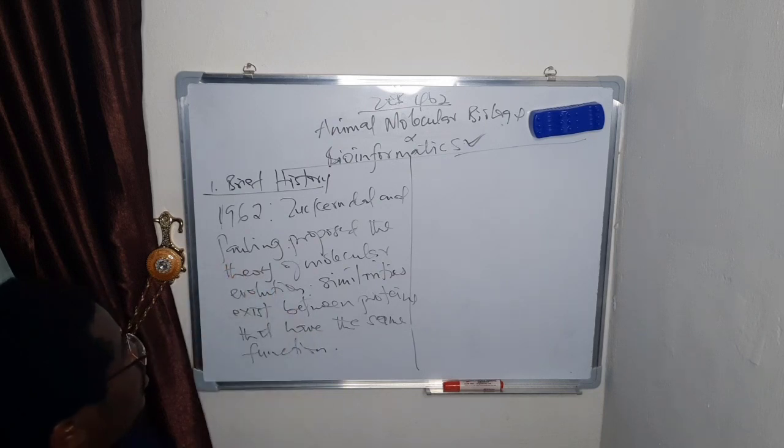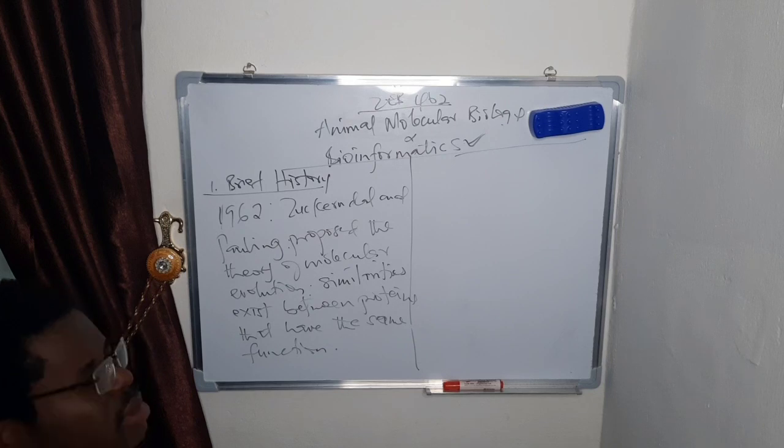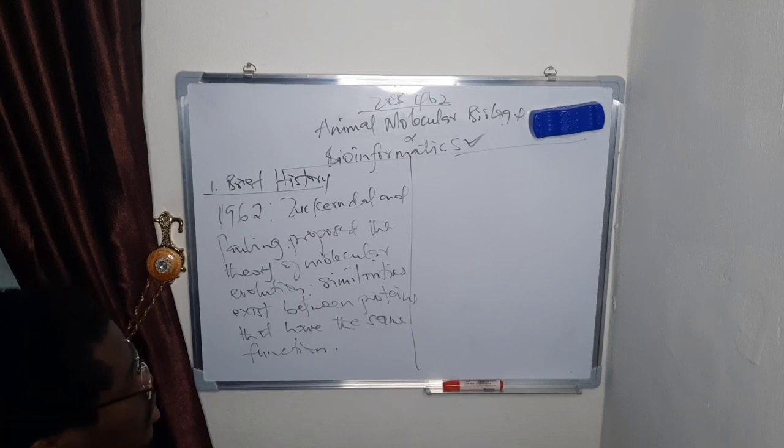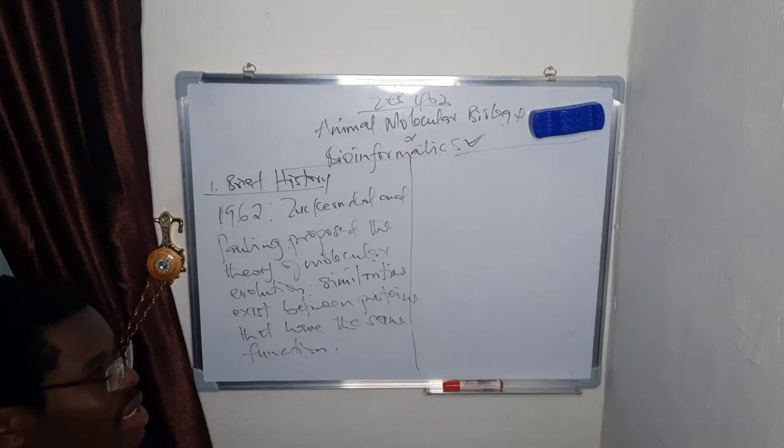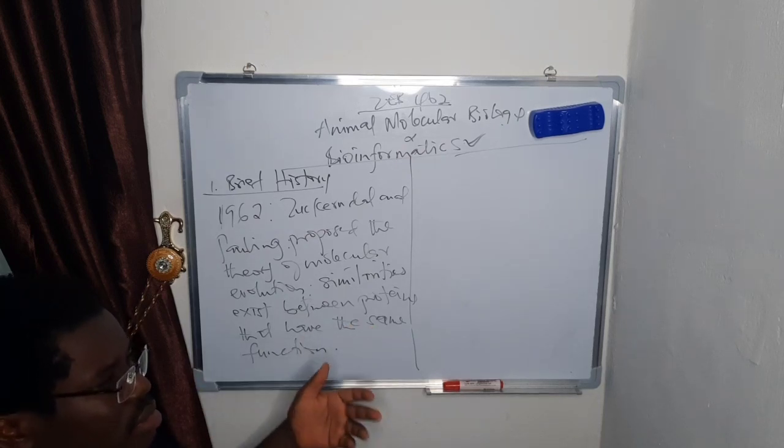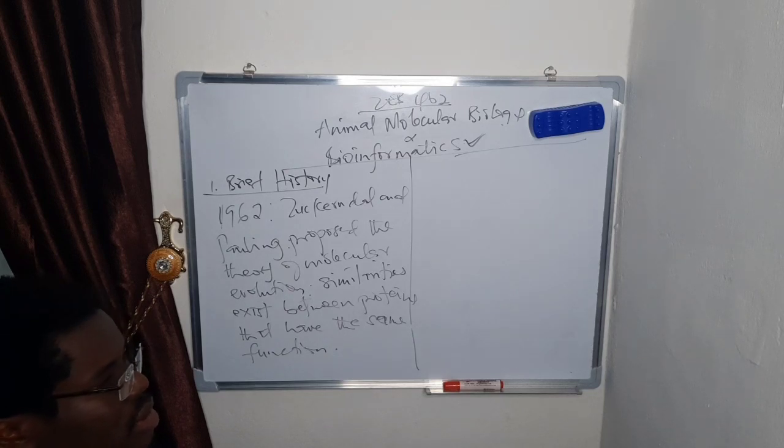So we started with these two scientists, who proposed the theory of molecular evolution, saying that there exists a similarity between proteins. At that time, proteins were well known. The issue of proteins and amino acids, nucleotides came in the late 90s.